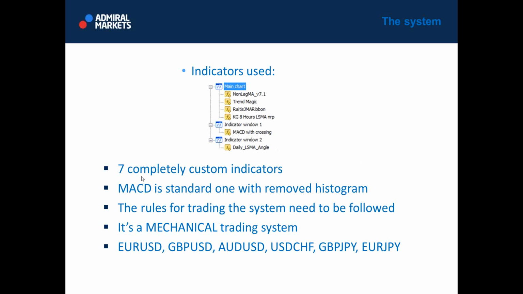So 6 completely custom indicators, plus standard MACD with the histogram removed. The rules for trading the system need to be followed because it's mechanical, but I have tweaked it a bit. Euro Dollar, Cable, Aussie Dollar, Swissie, Dragon, and Euro Yen can be traded with this system: 6 different pairs.